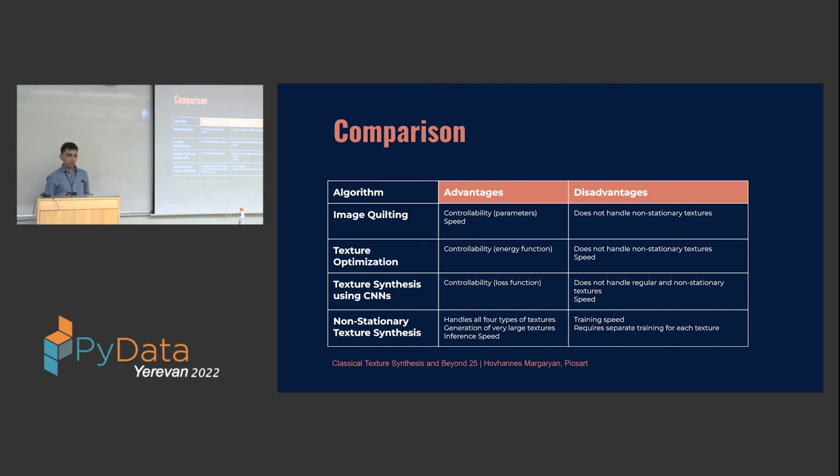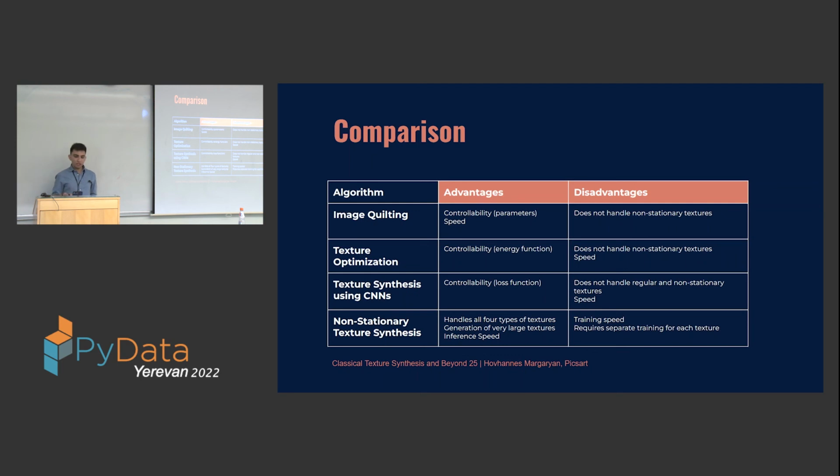In the case of texture optimization and texture synthesis using CNNs, controllability refers to the idea that we can modify the energy or loss functions so as to handle specific texture cases or improve the visual quality of the output texture. Non-stationary texture synthesis can handle all 4 types of textures.